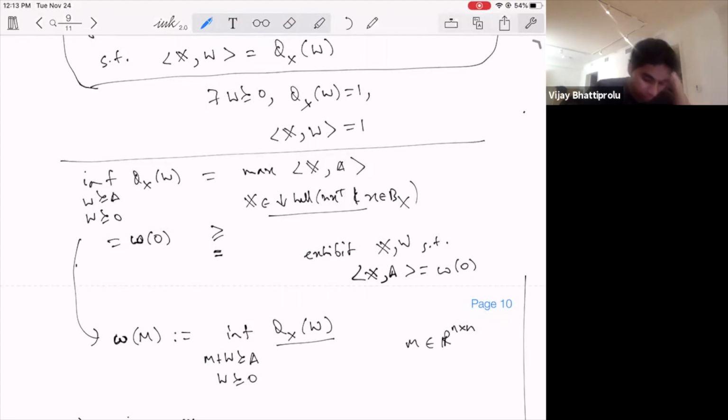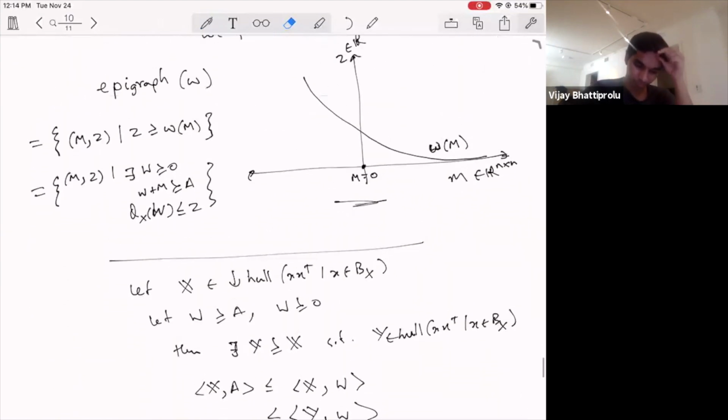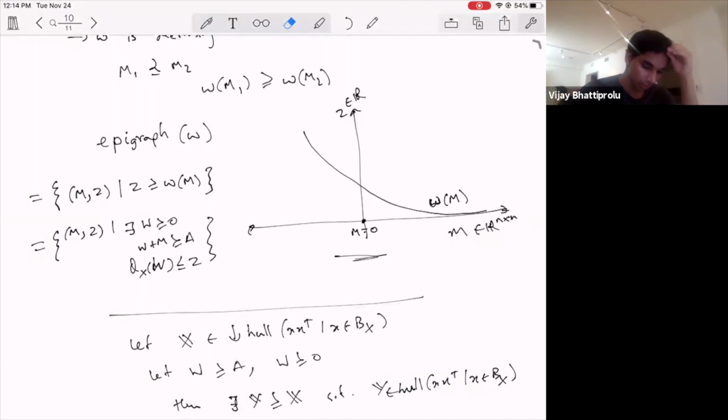Okay, so now we're going to show equality, and the way we show equality is by just exhibiting blackboard bold X such that X inner product A is equal to omega of 0. And of course, X must belong to the downward closure of the convex hull. Right, so let's do that.